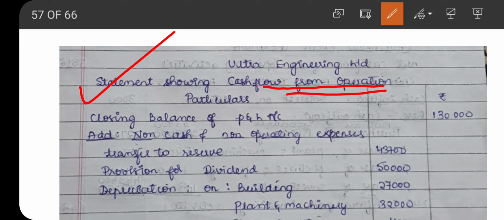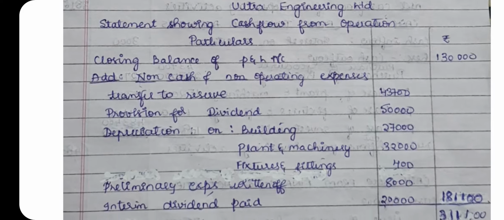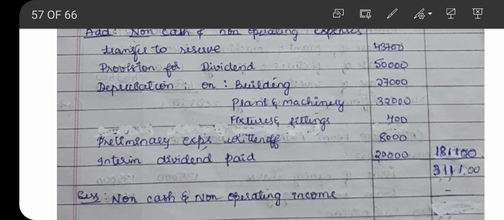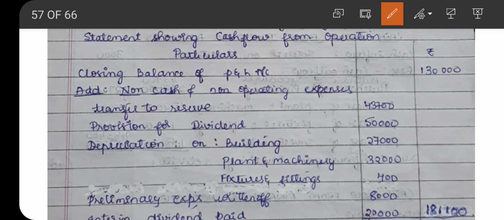So we will be maintaining 3 columns, particular and 2 amount columns. The first item under cash flow from operation statement is closing balance of profit and loss account. It is given in the problem, 1,30,000.